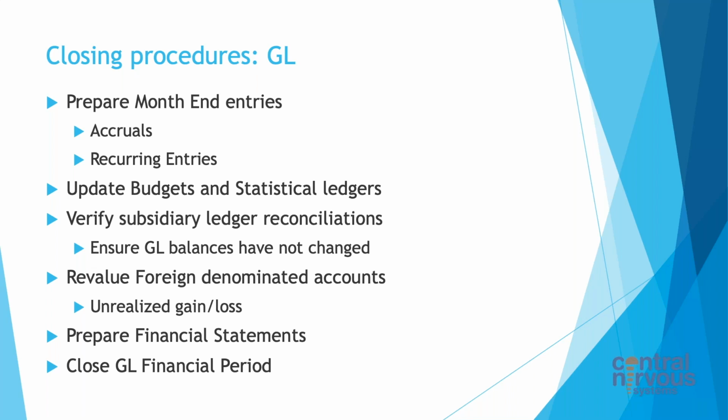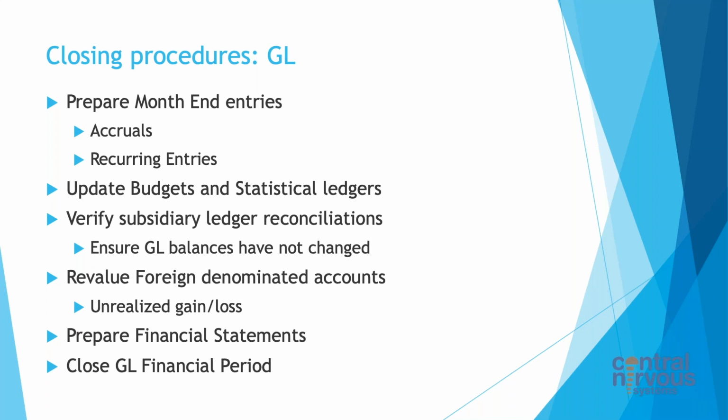Revalue foreign denominated accounts. So these are for our bank accounts generally. So unrealized gain loss, running that so that our values at month end reflect our month end exchange rates. And then we run and prepare our financial statements, have a review, see any anomalies and try to provide commentary on those.